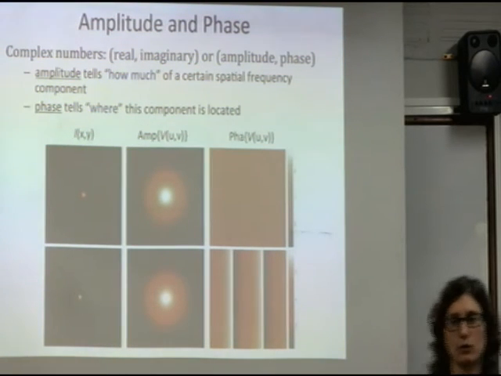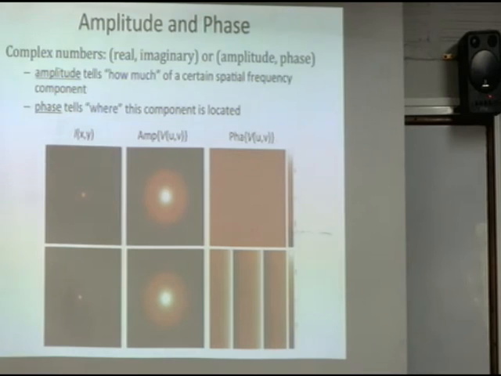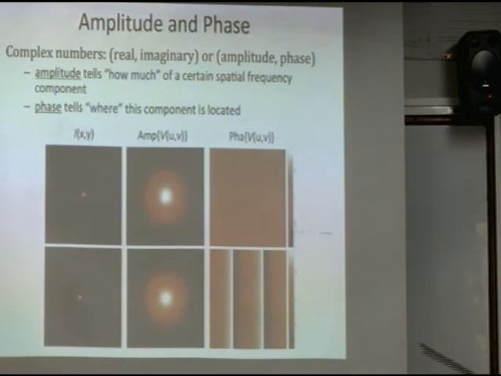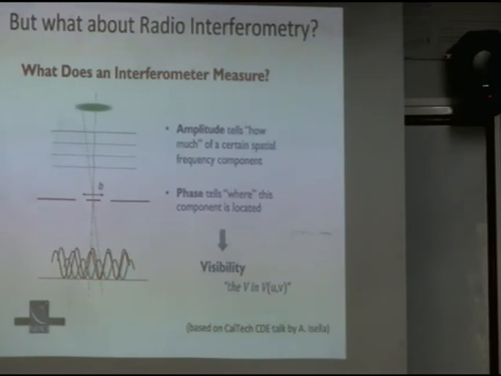So you need to have this dual thinking. The amplitudes tell you about the brightness, and the phases tell you where it is located. And this is just, again, to summarize that when we are working in the visibility space, the Fourier transform space, the amplitude and the phases tell us both things that we are interested in about the original source, right?